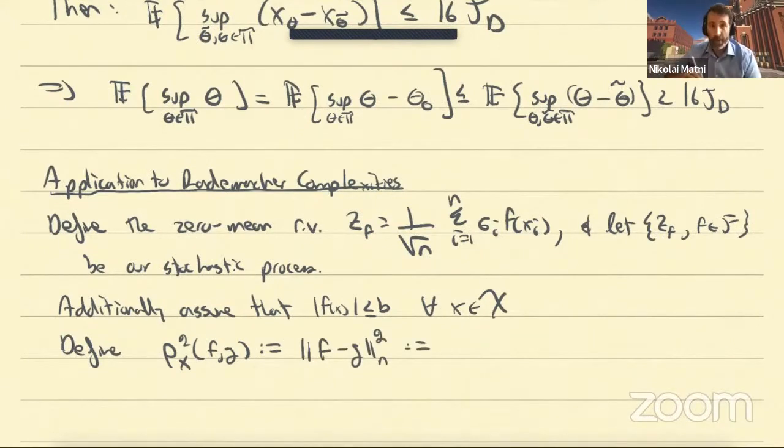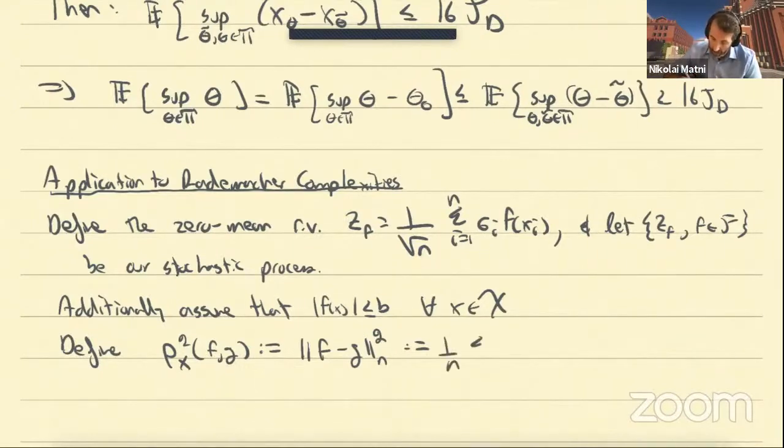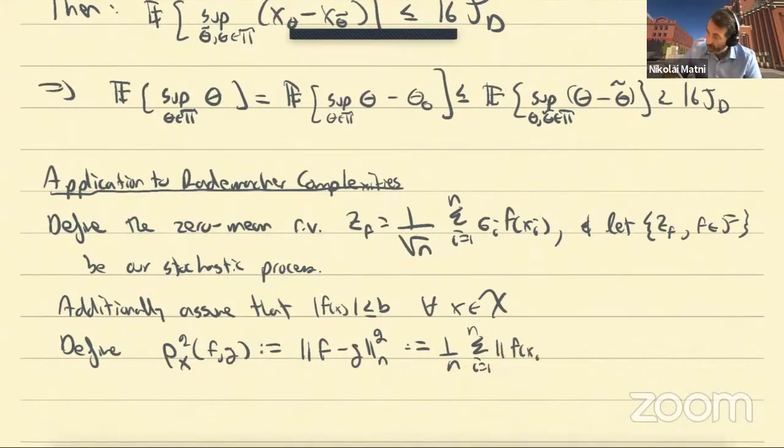I'm going to denote an empirical norm by the sub n, and that's just equal to the sum over i from 1 to n of the norm of f of x_i minus g of x_i all squared. And by our assumption, we immediately have that this is less than or equal to 4b squared. Right? Each of the summands is at most 2b.